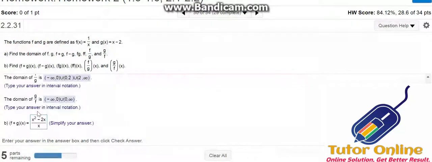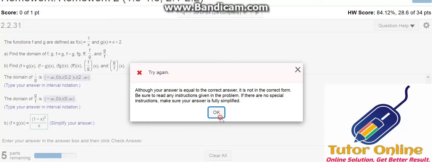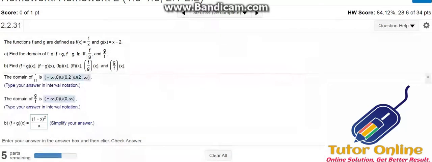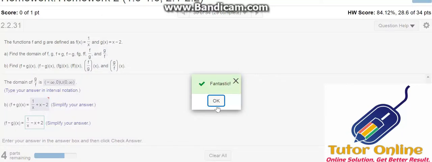Let's check it. That was not right. After solving that, it becomes the answer. Let's check it. Oh, again I have to simplify it fully. We just have to add, not take an LCM. Let's check it. Yeah, that's correct.